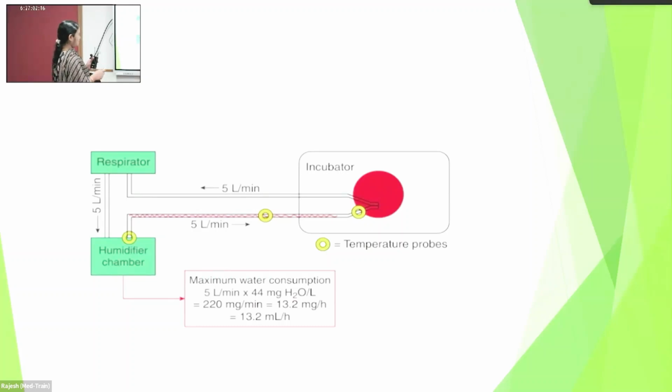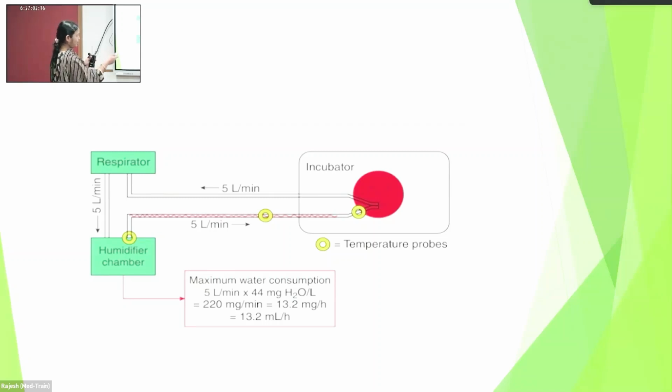So this is just a schematic diagram of a heated humidified passover humidification system, where the air and oxygen blended mixture will be going to the humidifier chamber, where it is heated, humidified, and then it will be passing through an inspiratory limb which has a heated coil, because this is there to prevent rainout, that is cooling and condensation of this humidified gas till it reaches the airway interface.